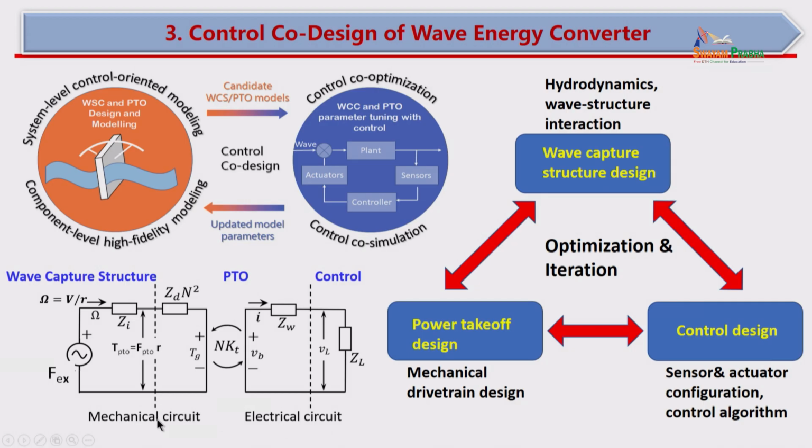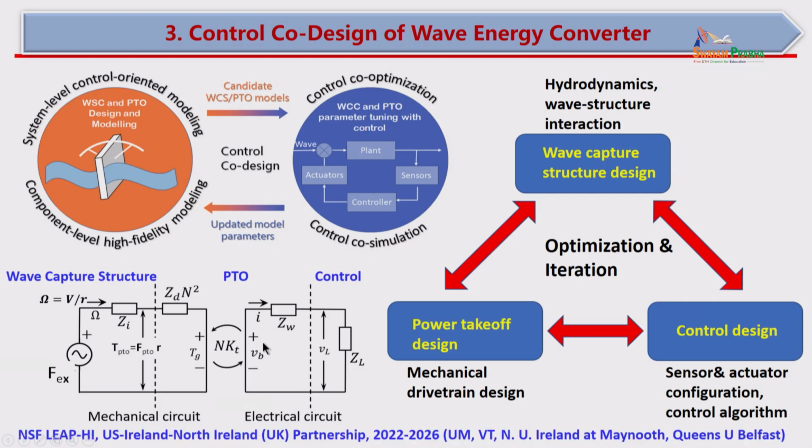If you design the system only with, for example, the PTO design and don't consider the power takeoff electric component, you can take the maximum power input, but maximum power input is not necessarily maximum power output. So you need a certain level of consideration for the overall system. In this class, we are also going to teach control co-design.